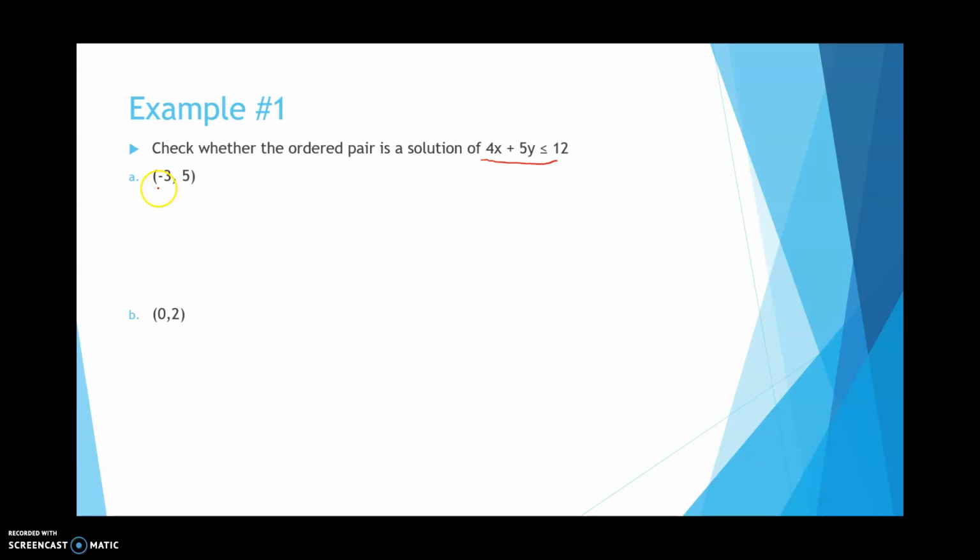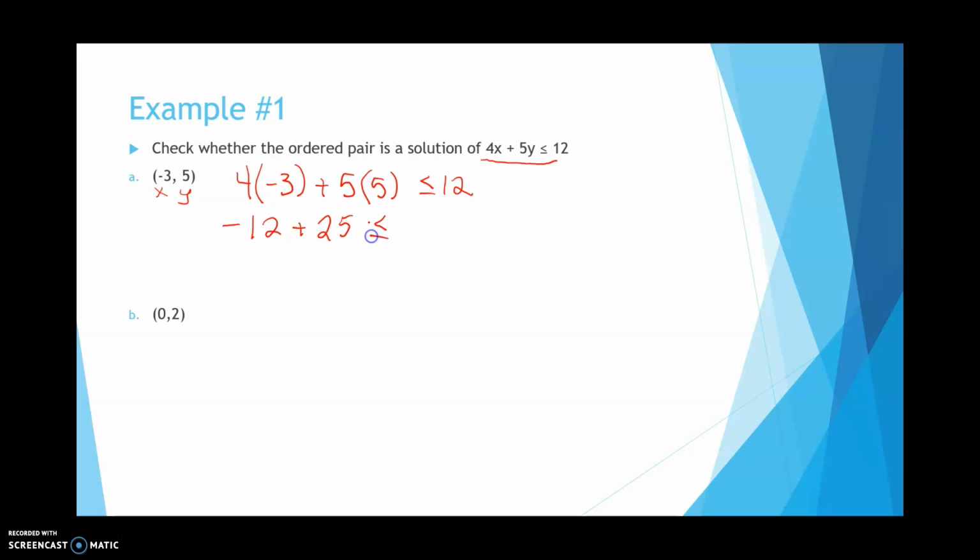So -3 is representing my x, 5 is representing my y. So I am going to substitute that in. So we have 4 times -3 plus 5 times 5, and is that less than or equal to 12? 4 times -3, -12, plus 25.